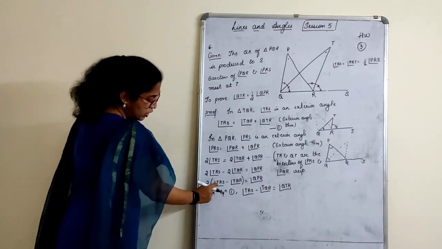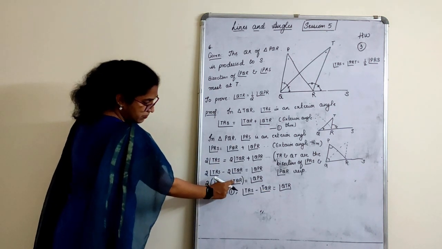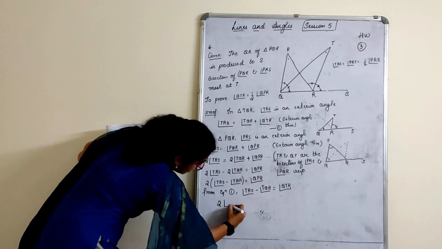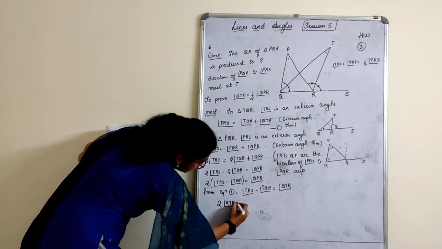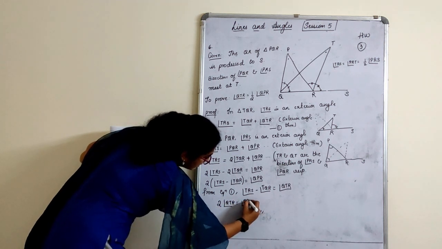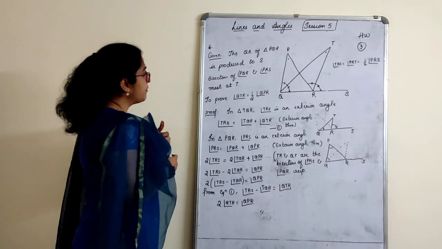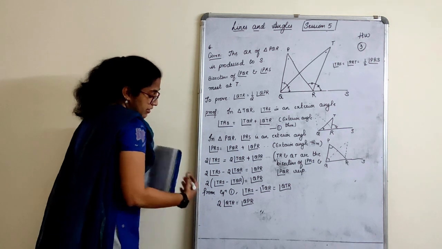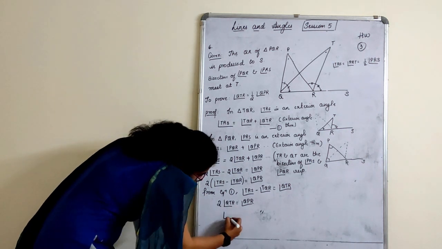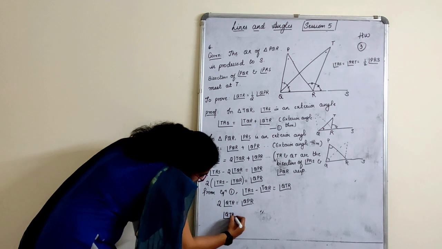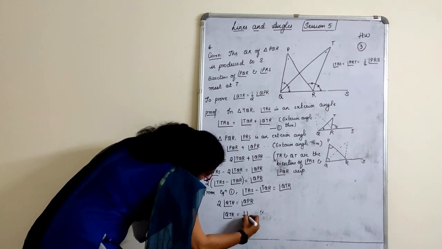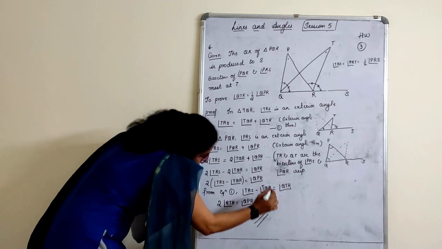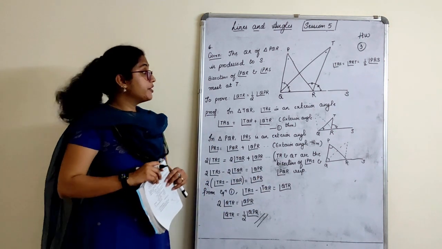TRS minus TQR is the same thing, is equal to QTR. So 2 times angle QTR is equal to angle QPR. What do we want here? QTR is there, QPR is there. Half of this 2, send this side. Angle QTR is equal to half of angle QPR. Hence proved.